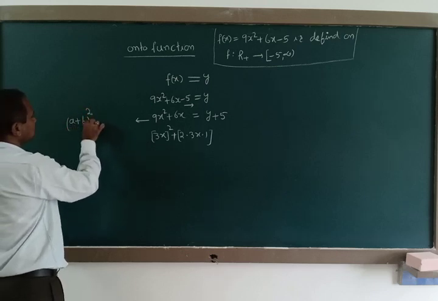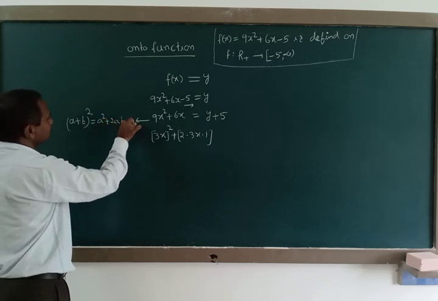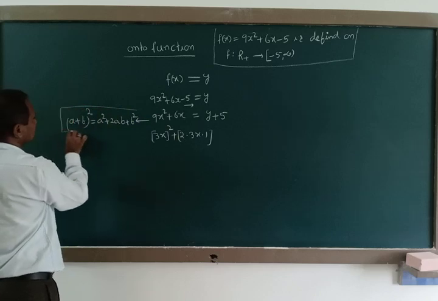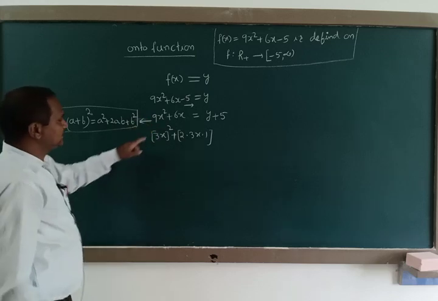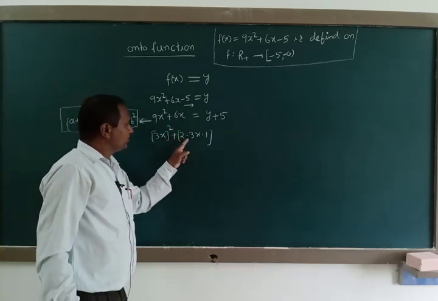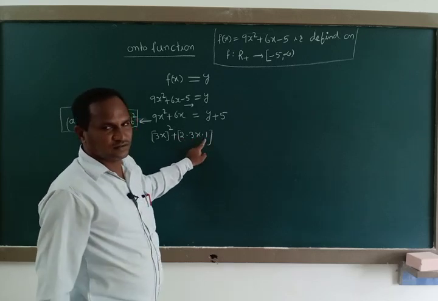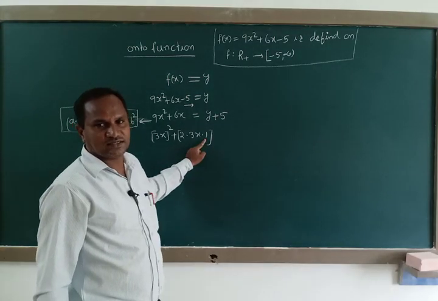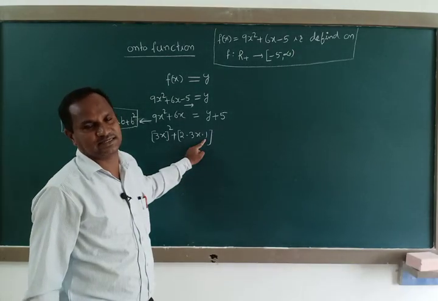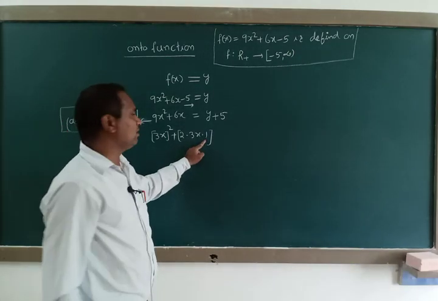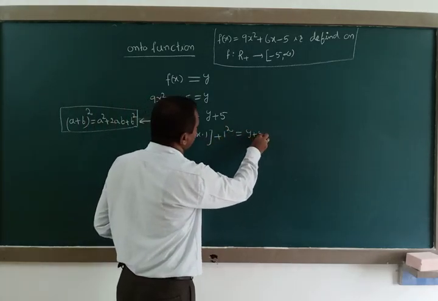A plus b whole square is equal to a square plus 2ab plus b square. We have to convert this into this formula. That is 3x whole square plus 2 into 3x into 1. 2ab is there, a is there, b is there, but there is no b square. To get it in the form of a plus b whole square, we add a b square term on both sides, that is adding 1 square on both sides: y plus 5 plus 1 square.